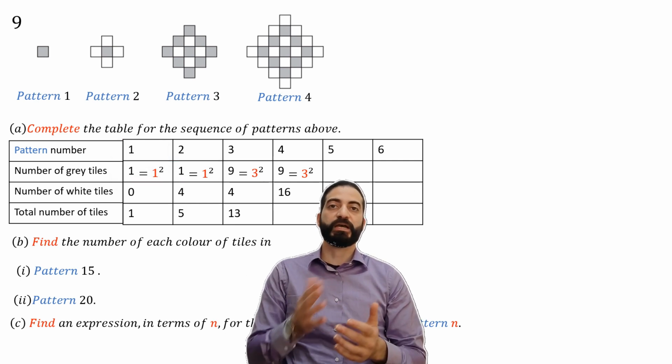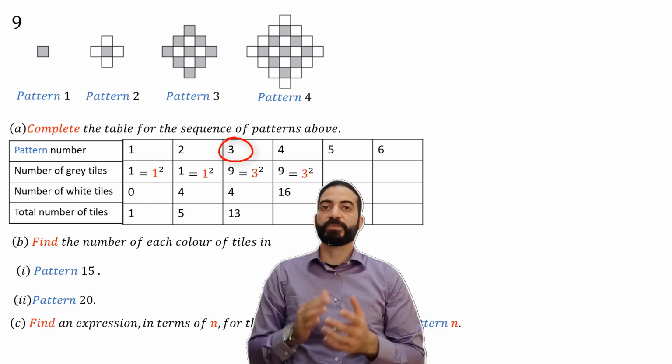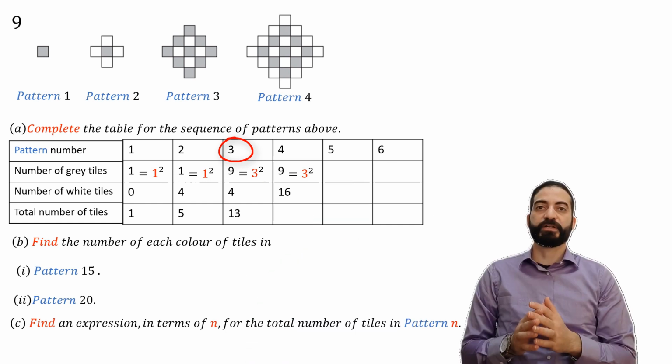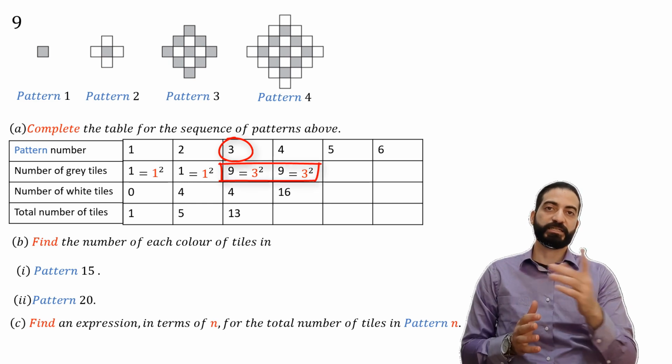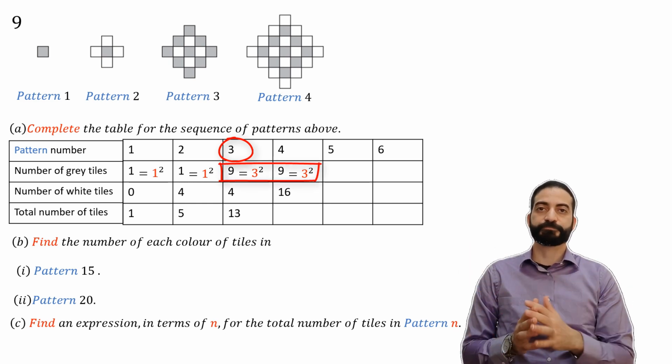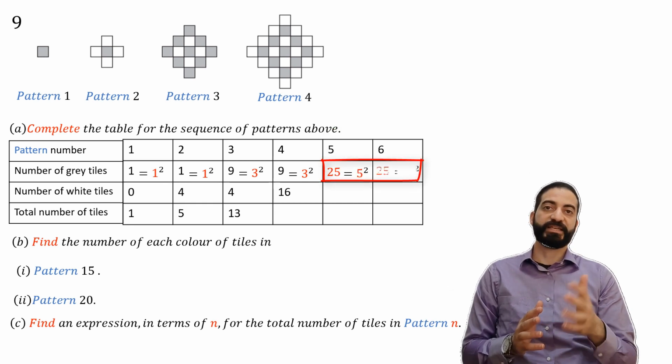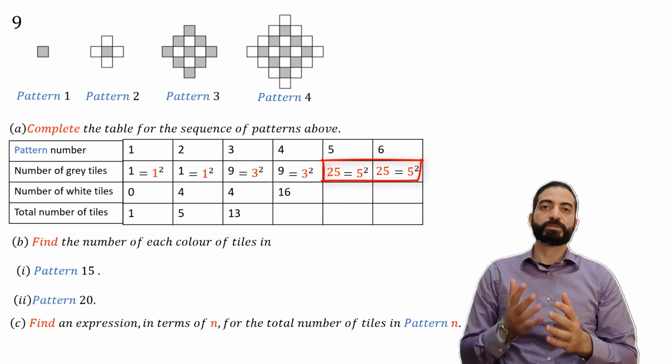Also here we have 3 odd numbers, so we write it in the number of gray tiles twice, but squared. Also here we have 5 odd numbers, so we write this twice here and here, but squared.